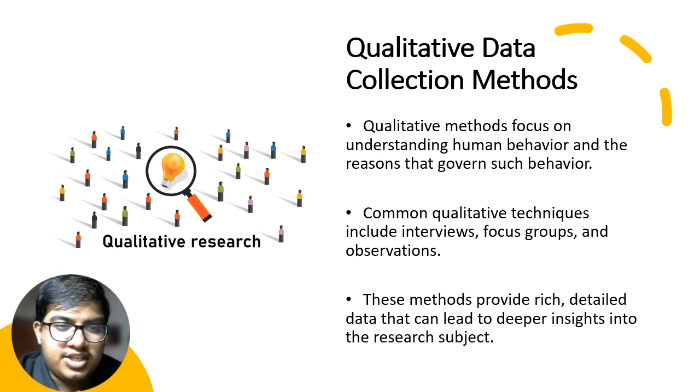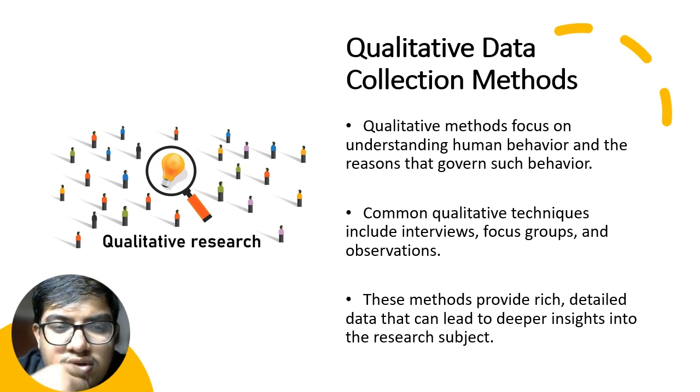For example, you're doing something related to social service, and when you're doing research you need to take into consideration how the public reacts, or how basic human behavior is towards that. It also covers the reasons that govern such behavior.